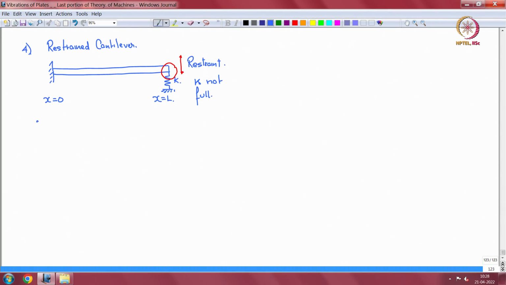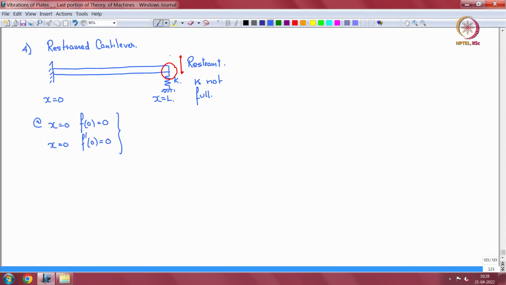So at x equal to 0, f of 0 should be 0, and at x equal to 0, f dash 0 must be 0. These are the cantilever conditions, and that's all. That is all the admissible function has to satisfy.